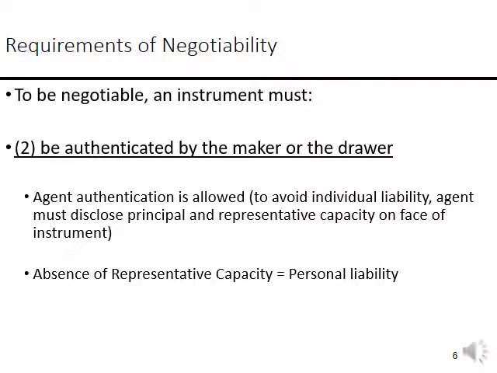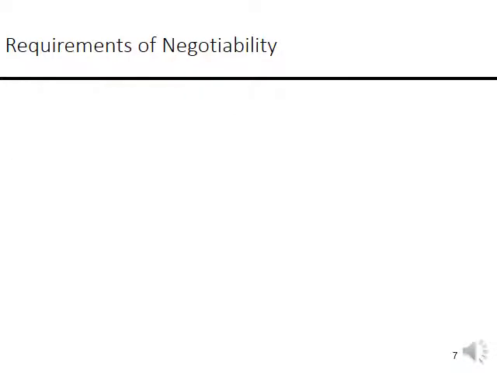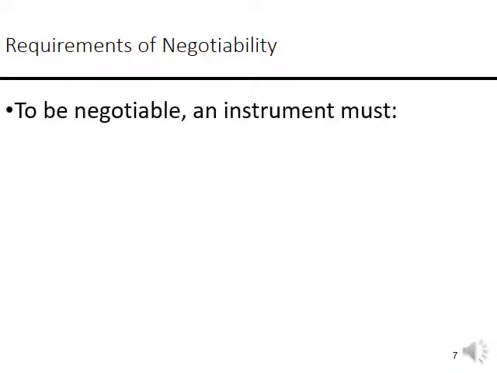Without that clear evidence of an agency relationship, the agent will be personally liable on the instrument. An exception there is if a check is drawn on a principal's bank account. So if the principal has a bank account and that is the actual instrument, then the agent will not be personally liable because it's drawn on the principal's bank account.